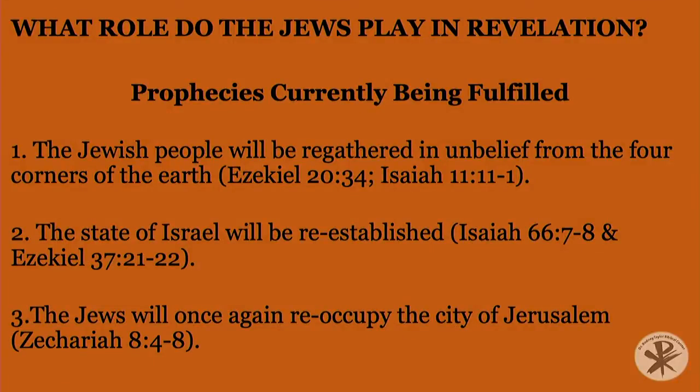The third prophecy is that the Jews will once again reoccupy the city of Jerusalem. That is prophesied in Zechariah chapter 8, verses 4 through 8. That fulfillment came on June the 7th, 1967, the infamous Six Day War, when Israeli forces entered Jerusalem once more, defeating the Egyptian forces, and they were able to retake Jerusalem, and now they do occupy that.